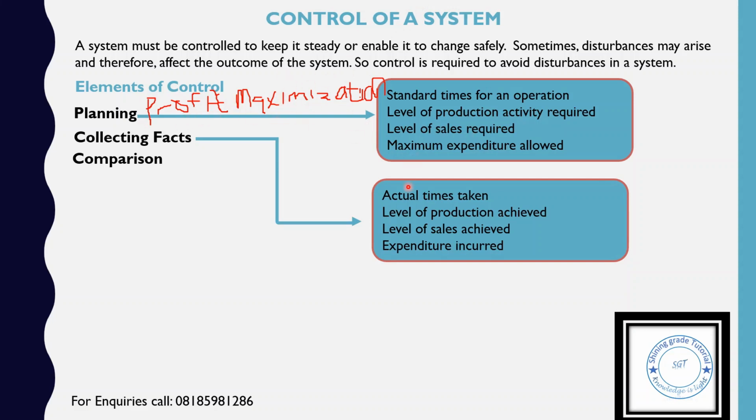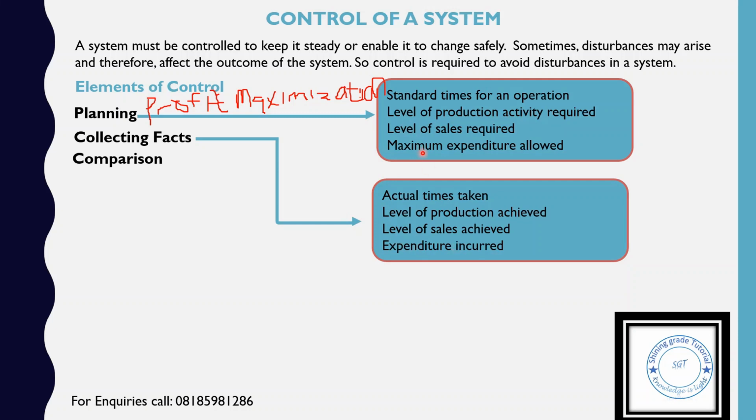Take the level of production achieved. If it is not up to the level we have set, that is very poor for the production department, a subsystem in the business system. You can look at the level of sales achieved as well, which might be the responsibility of the sales department.